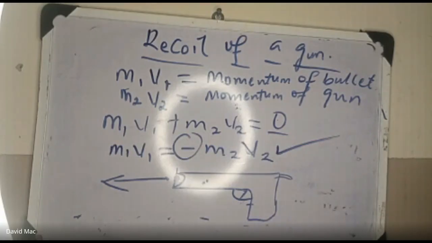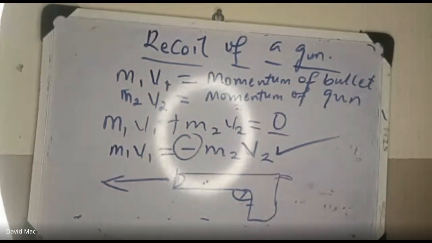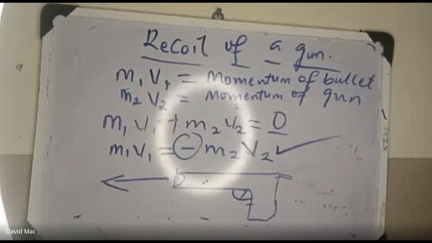Two bodies A and B of masses 4 kg and 2 kg move towards each other with velocities 3 meter per second and 2 meter per second and they collide.